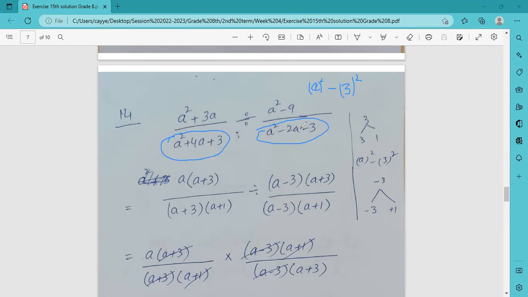3 ones are 3. There is a plus sign. It means you will make 3 plus 1. There is one step that we had not done.